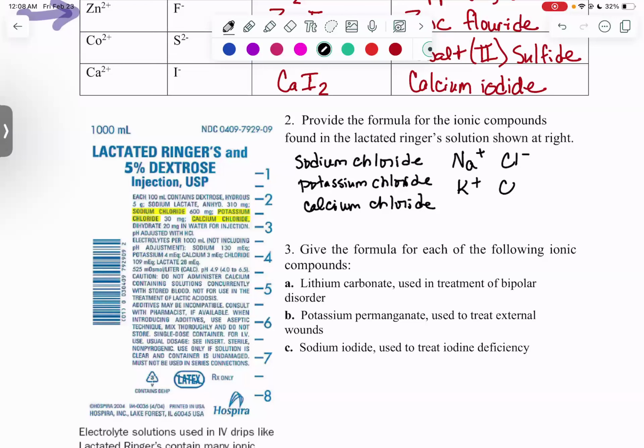K plus, Cl minus. Ca2 plus, Cl minus. And so now I'm just going to do my crisscross, where you take the charge on one, make it the number, charge, make it the number. So that gives me NaCl, because I don't write the ones. I get KCl. Now, be careful here, because when you get to the last one, that's going to be a 2, that's a 1. So you end up getting CaCl2.